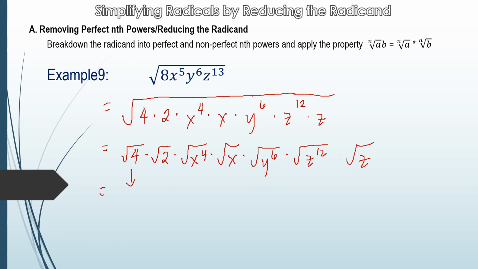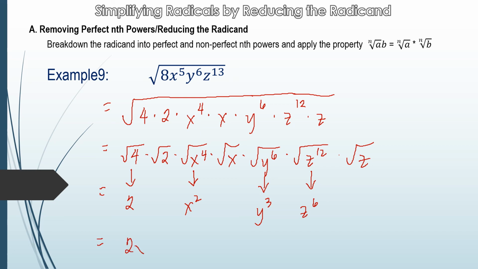The square root of 4 is 2. The square root of x to the 4th power is x squared. The square root of y to the 6th power is y cubed. And the square root of z to the 12th power is z to the 6th power.